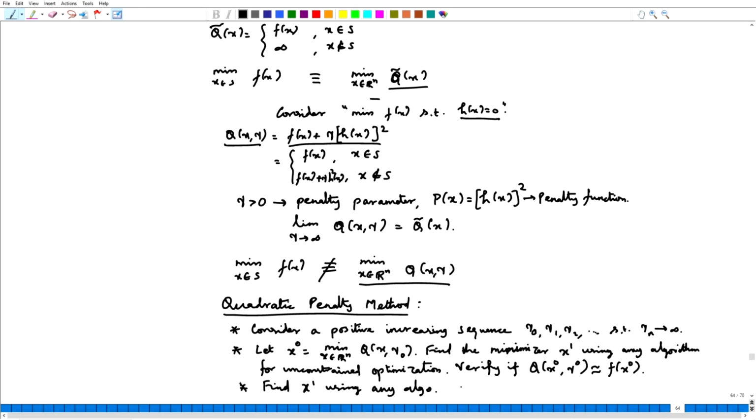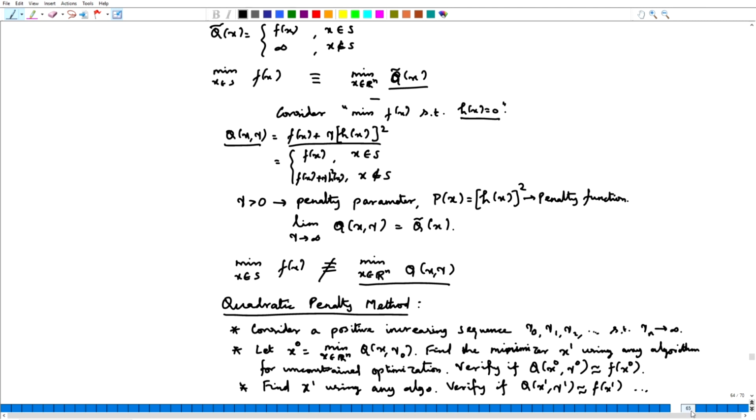Again verify if q of x 1 comma gamma 1 is approximately equal to f of x 1. This can be continued until you get q of x k comma gamma k approximately equal to f of x k.